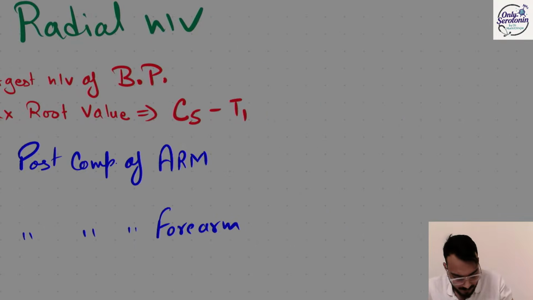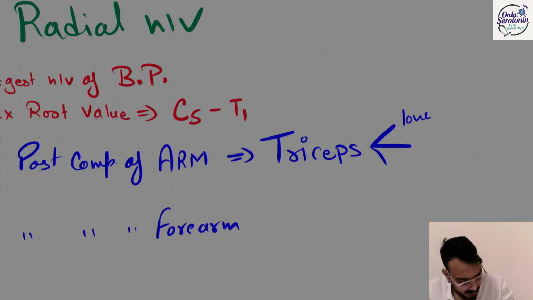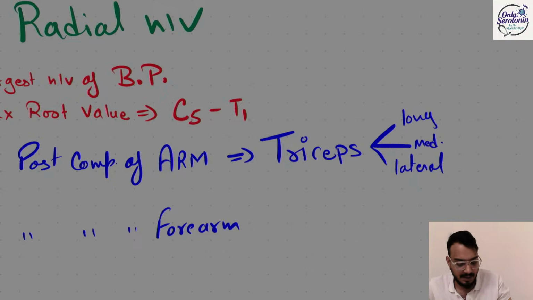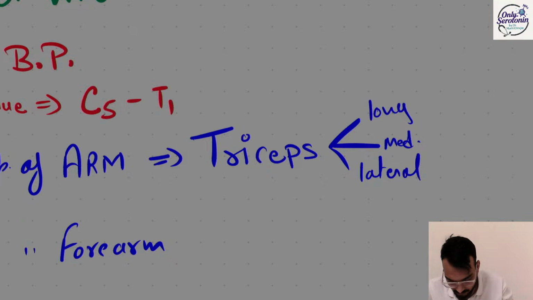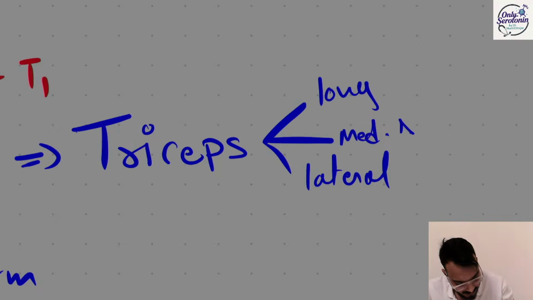In the posterior compartment of the arm, majorly it is going to supply the triceps muscle. In this we have three heads: long head, medial head, and lateral head. Out of them, which one is the largest one? Medial is the largest. Okay.